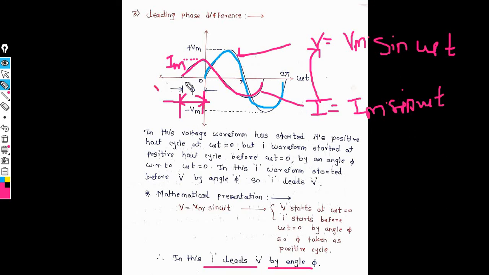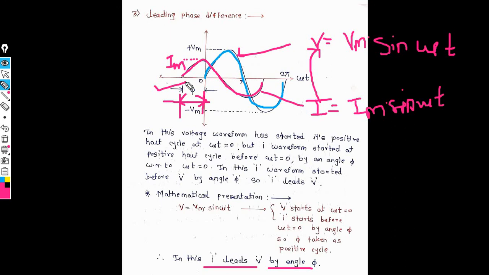Angle phi is here. That means finally we get the conclusion for leading phase difference: the voltage waveform starts at omega t is equal to 0, but the current I starts before omega t is equal to 0.